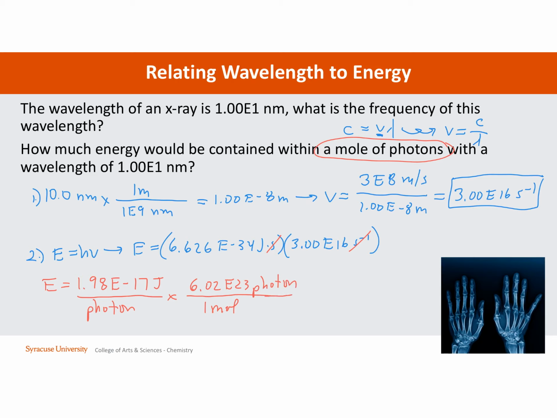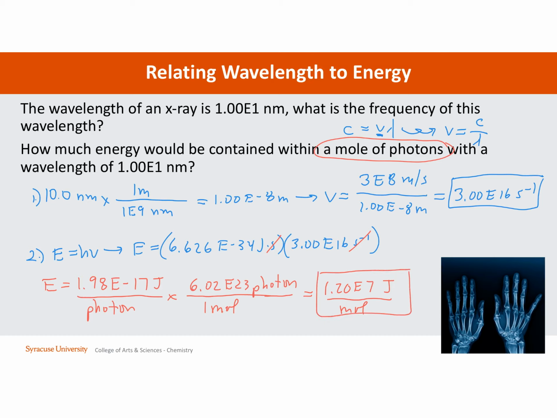To have a mole, you're going to have Avogadro's number of that item. I multiply by Avogadro's number, and the energy ends up being 1.20 e to the 7 joules per mole.